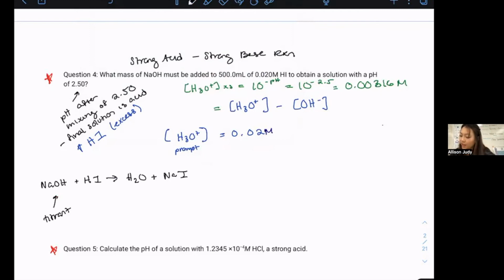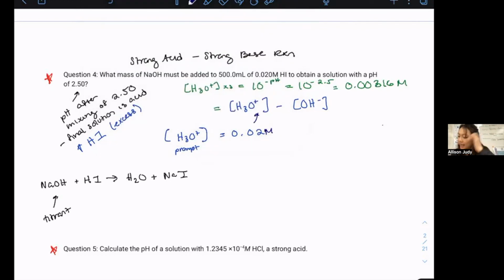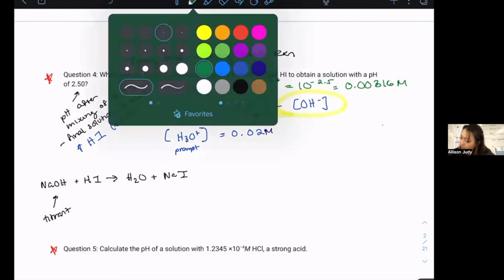So if I know that, then from my prompt I can simply plug it in. And what I get then is only one unknown variable, my OH minus concentration, my total OH minus that is allowable to get the necessary excess H plus concentration. So then I plug this all in.